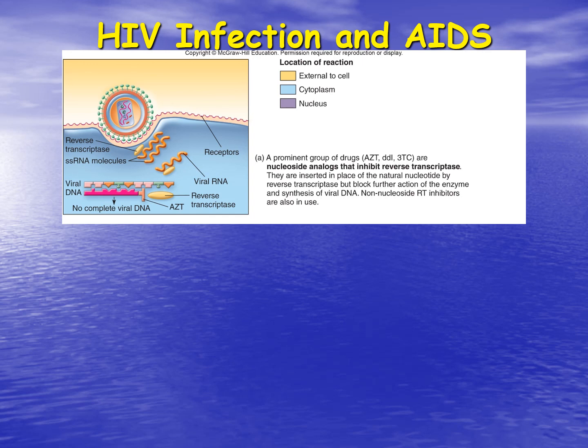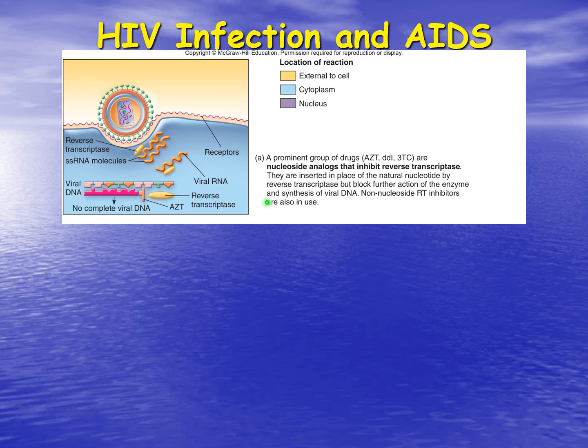So again, what if we were to put into this cell something that blocked the reverse transcriptase? These drugs, such as AZT and others in the same class, are nucleotide analogs.